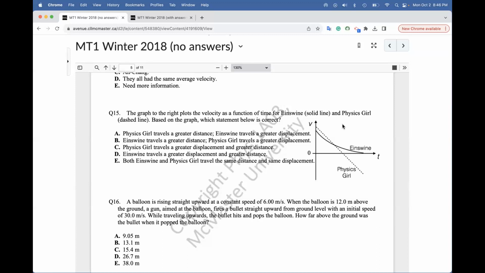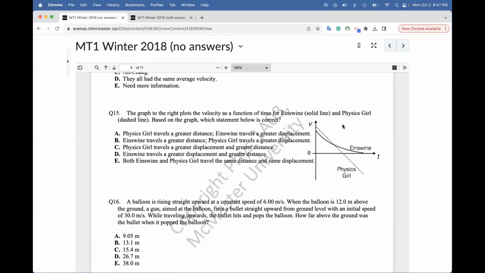And y in its entirety is the distance traveled by the bullet. So the y value is the same for both of them. It's just that the balloon started 12 meters higher up. So we're going to try to represent y for the bullet and the balloon separately and then put them together.